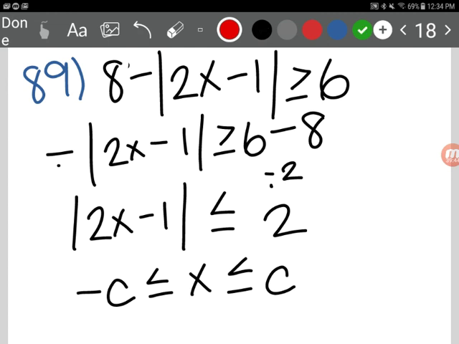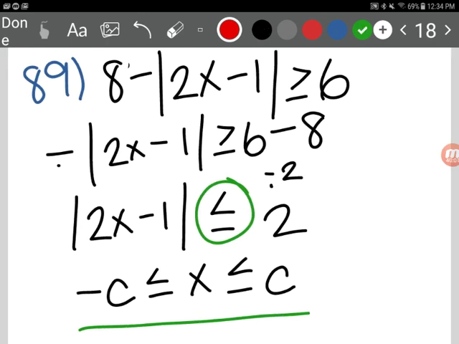You are paying attention to what the sign is showing you to know which rule to apply. The sign tells me which rule to apply. So we know c is 2, and my x is 2x minus 1.